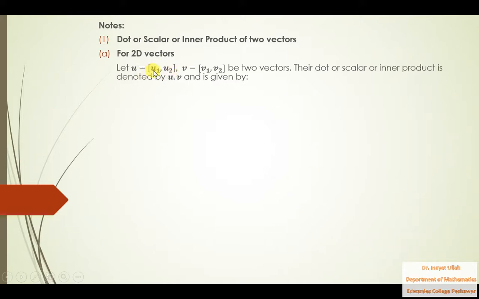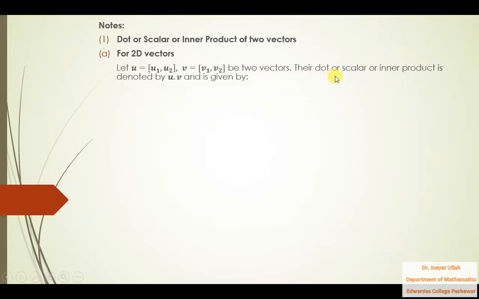This is the component of u along the x-axis, and that is the component of u along the y-axis. Similarly, a second vector v has components v1 along the x-axis and v2 along the y-axis. So let's say these two are any two vectors.